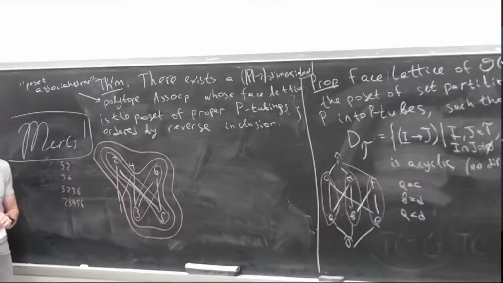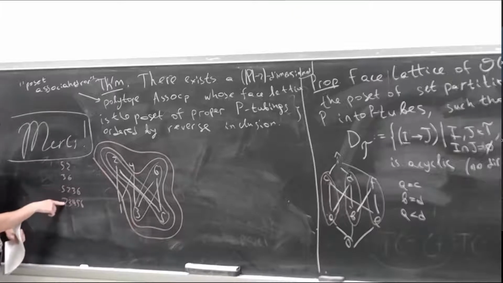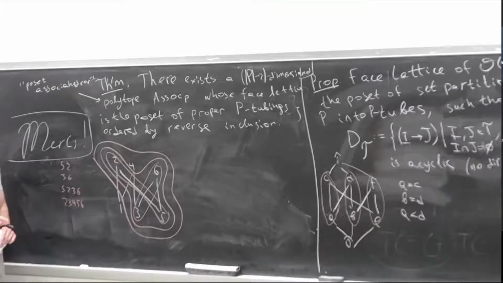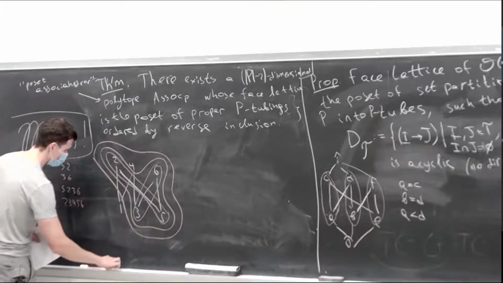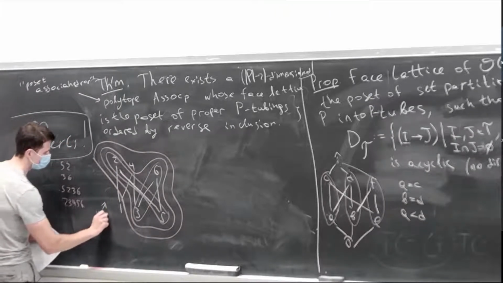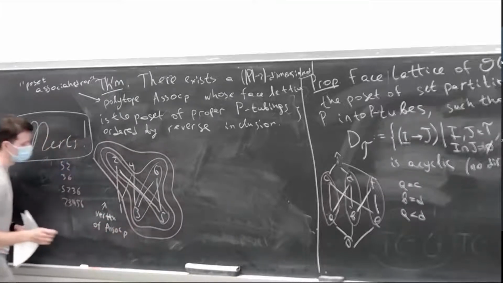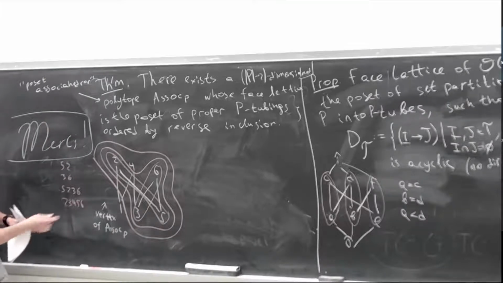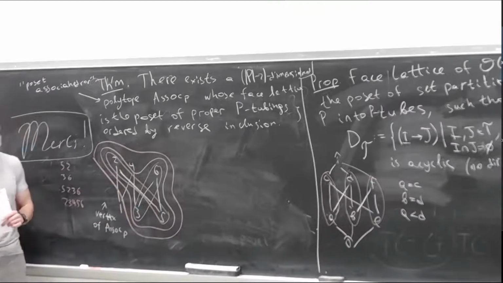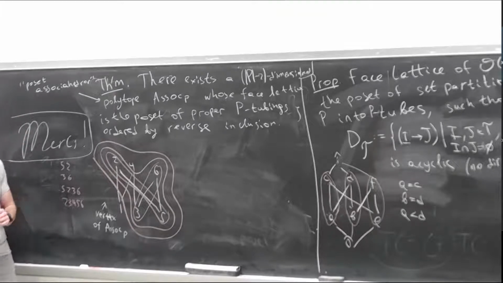No. One, 2, 3, 5, 6 has to either contain 4 or be disjoint from it. Actually, there is no more, right? And the reason is that this, again, is a vertex of the poset associahedron. And then if you remove any one tube, that's going to be an edge, etc.